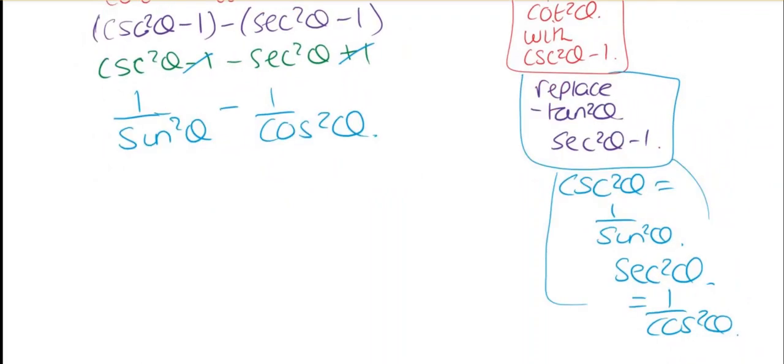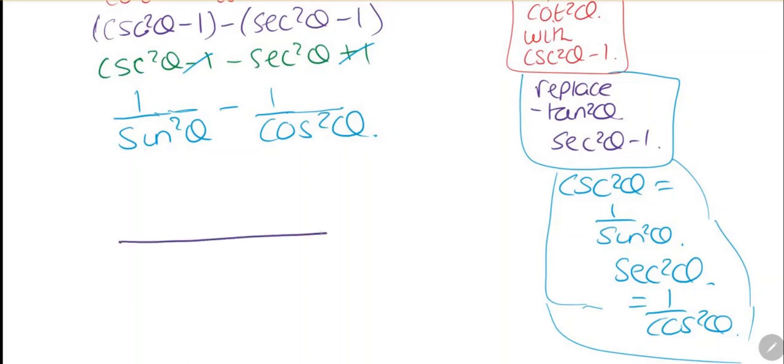Okay, because we have different denominators, we can only subtract with the same denominator. So we're going to multiply both of them to make them the same.